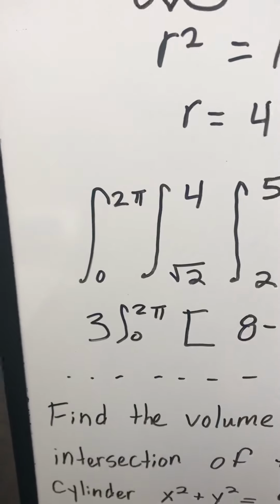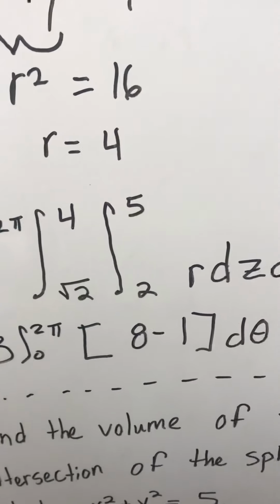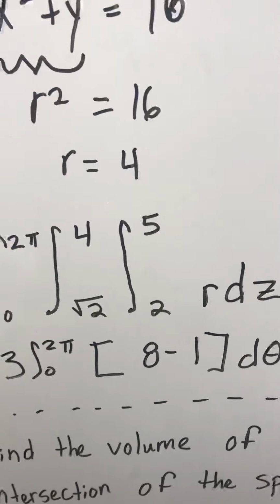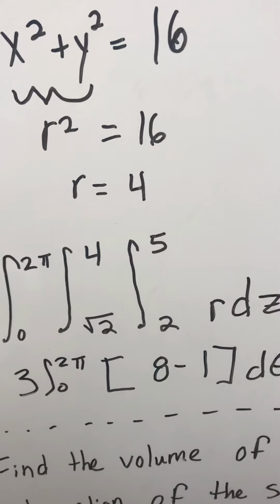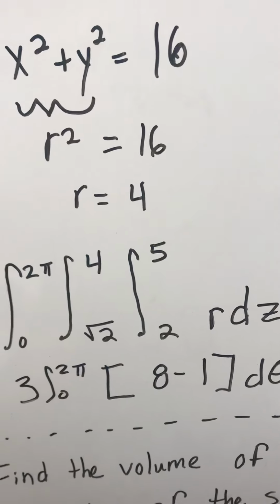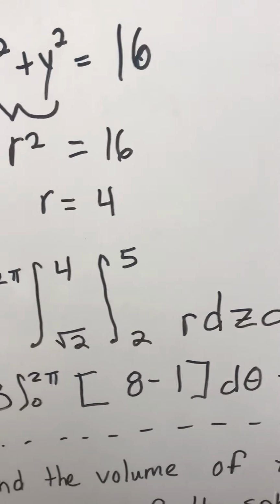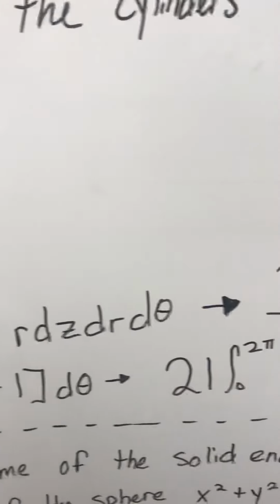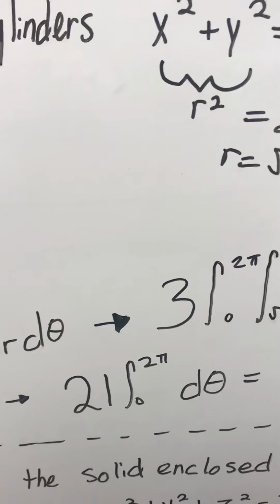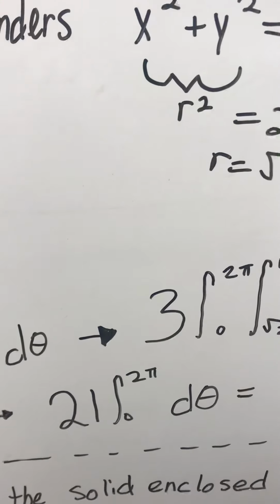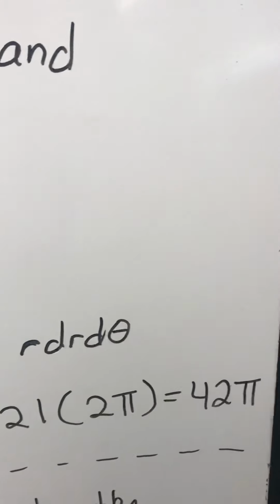So we have 3 times the single integral from 0 to 2 pi of 8 minus 1, because our r became r squared over 2. 4 squared is 16 over 2 is 8, and the square root of 2 squared is 2 over 2 is 1. So 8 minus 1 d theta gives us 7 times 3 is 21 times the integral from 0 to 2 pi d theta, which equals 21 times 2 pi equals 42 pi.